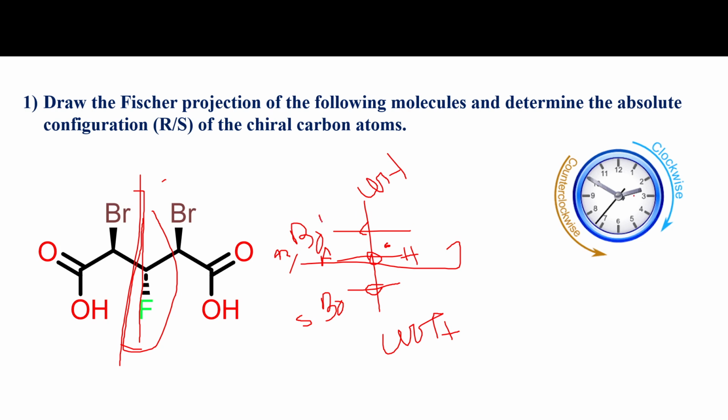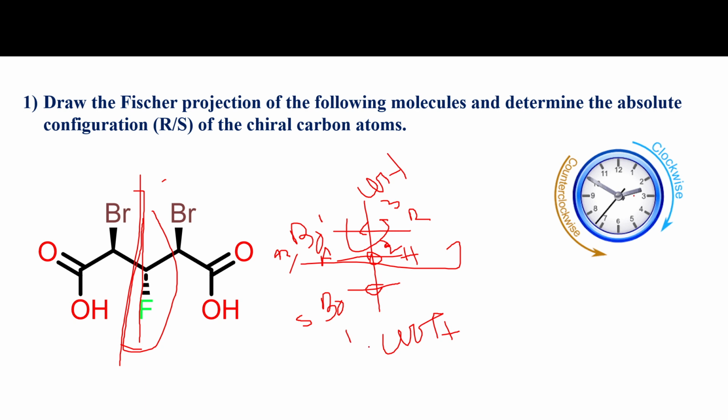This will be the first priority, this will be C, the second priority, and this will be the third priority. First, second, third, it will rotate counterclockwise. So it will be R.